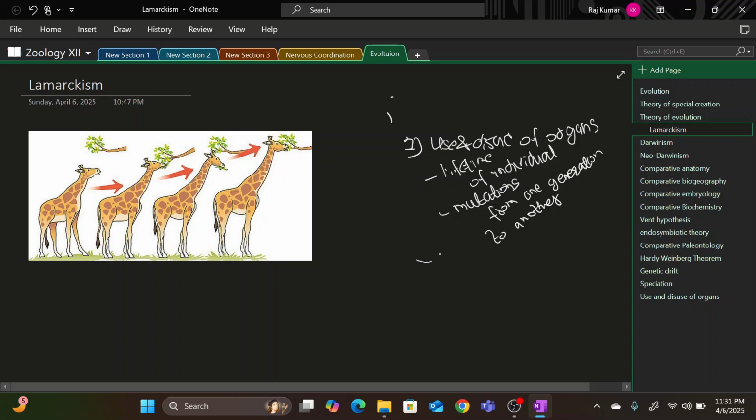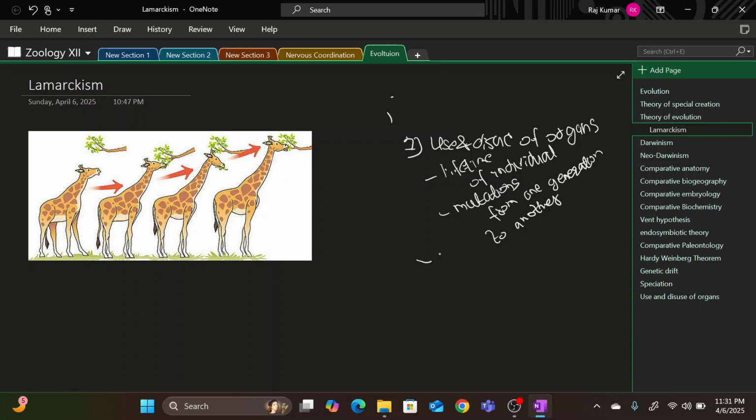And what he said was, for example, let's say there is a giraffe. He proposed that previously giraffes were not that tall, and they used to live in a green, forested area, but due to floods, the giraffes were unable to take grass from the ground.